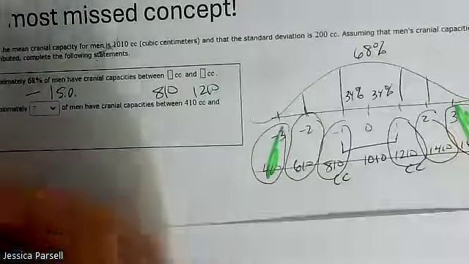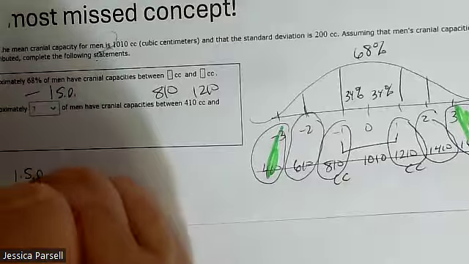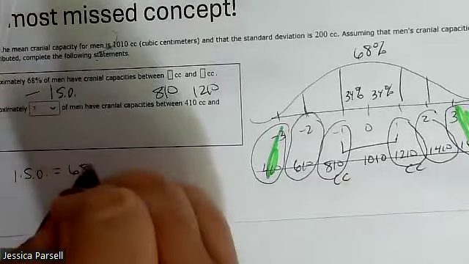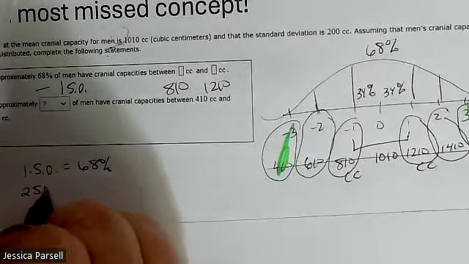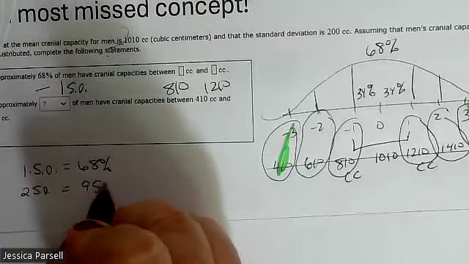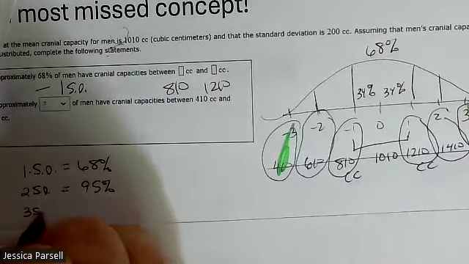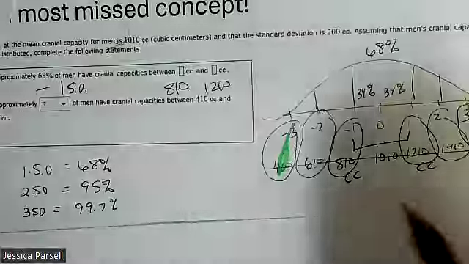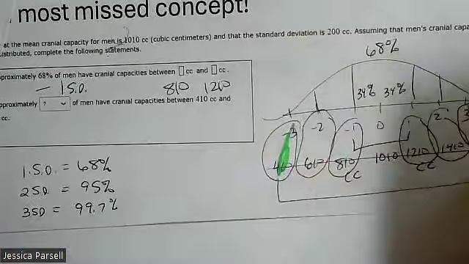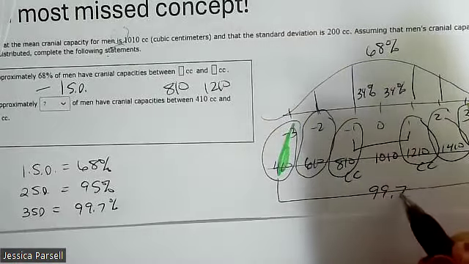So remember, the empirical rule tells us one standard deviation is 68% of data, 2 standard deviations is 95%, and 3 standard deviations is 99.7%. So between here and here is 99.7%.